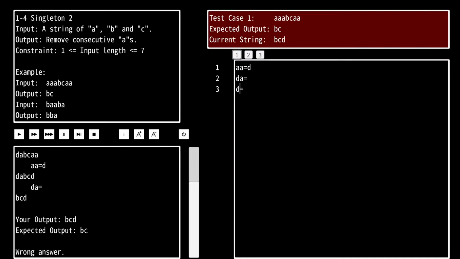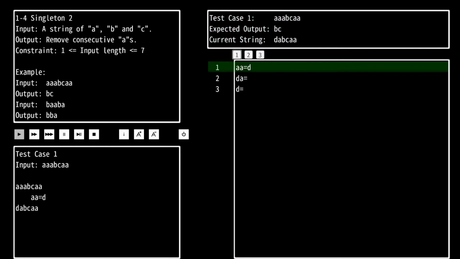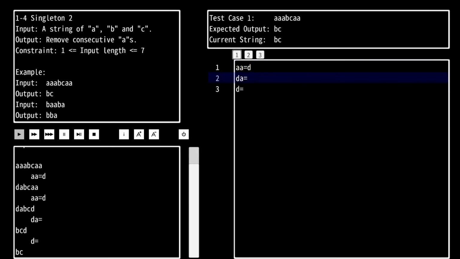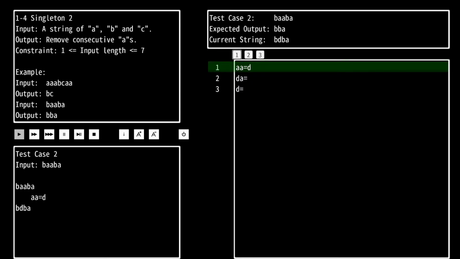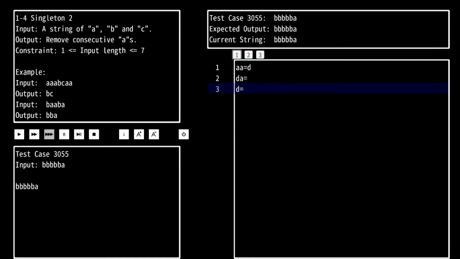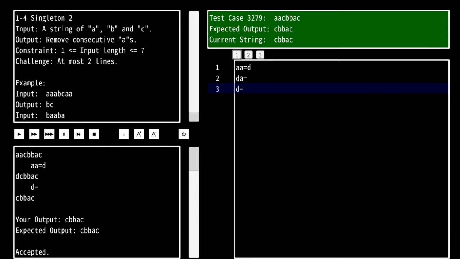DA equals nothing, and then D equals nothing. Like that. Let's see if this keeps working, because I'm actually not sure. Okay, cool. I didn't know you could do equals nothing. I kind of figured you could.